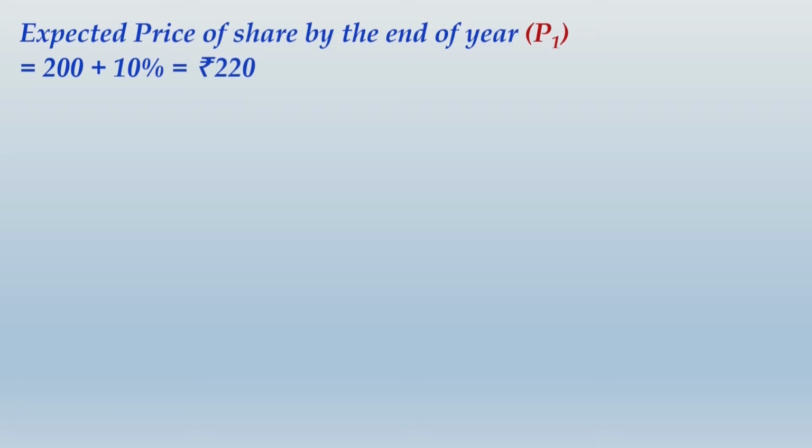That means you are expecting a share price of 220. So I have told you the meaning of growth rate. So obviously if the share price today is 200 and the growth in the share price is by 10%, what would you expect the share price to be after 1 year? Of course 220, and that is nothing but P1, which is expected share price by year end.